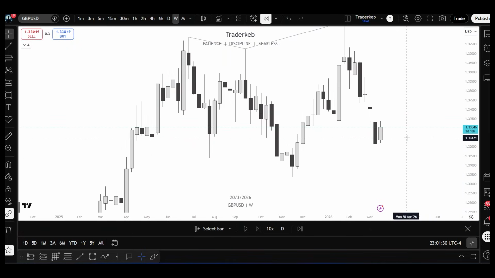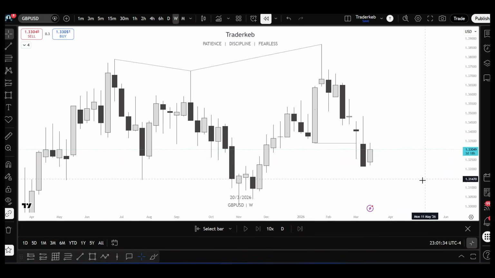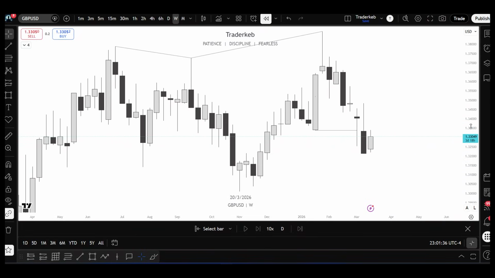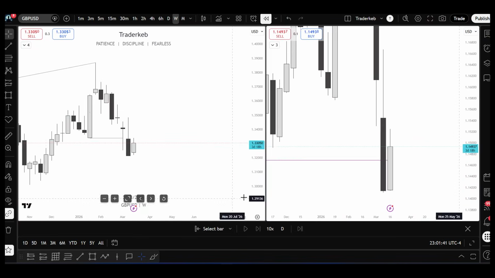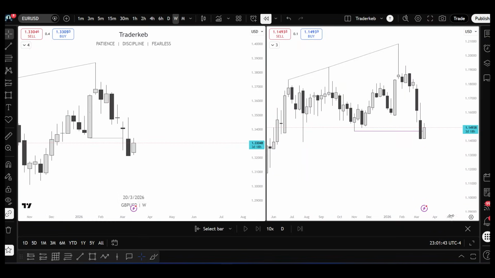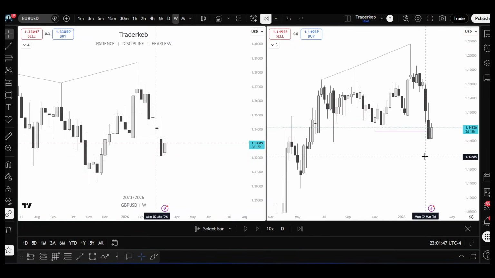So let's try to do some kind of analysis for this week. What I think this current week might do. What do I think this week should do? First, what I see is we deliver into this relevant swing.